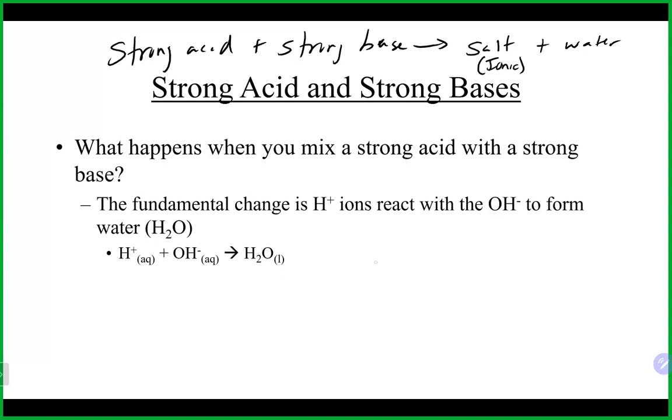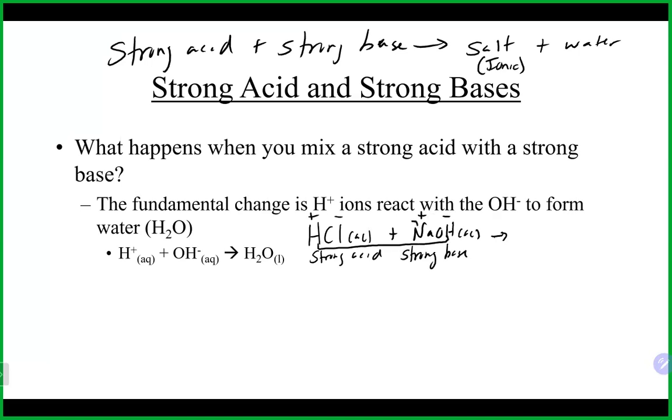So for example, if you took a little hydrochloric acid, which is a strong acid, and you react it with sodium hydroxide, which is a strong base, you again will see a double displacement reaction, which this is, again, positive, negative, positive, negative. We're going to switch partners here.